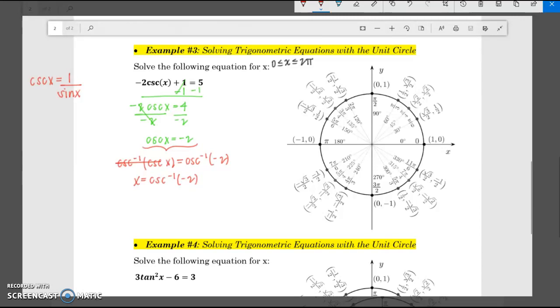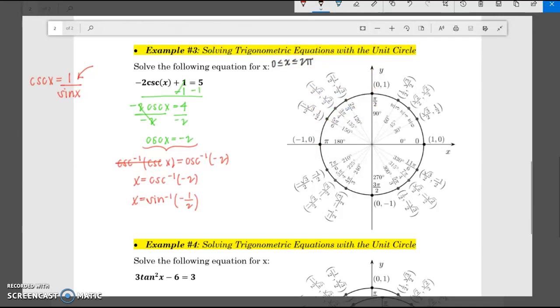So instead of trying to figure out flipped reciprocal values on the unit circle, I can always just take 1 over the value that I'm working with in order to work with a regular trig function. So I can also say that x is equal to the inverse sine of -1/2.